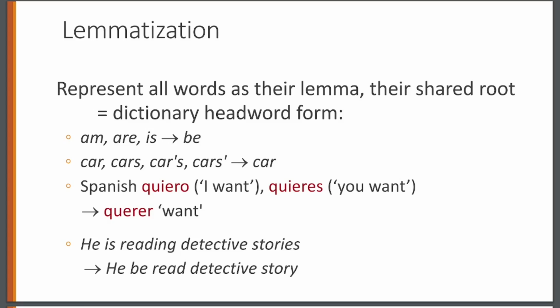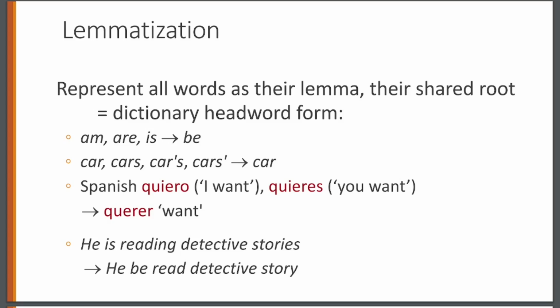So one lemma is this set of words that all share the same stem. So for instance, am and are and is all share the stem be. Car, cars, car's, cars' all share the base car. In Spanish, quiero, quieres are conjugations of the base verb querer, to want.